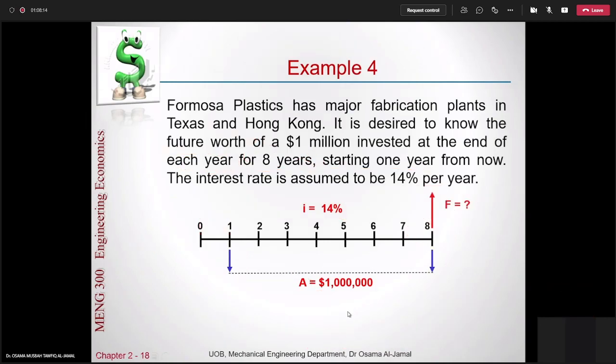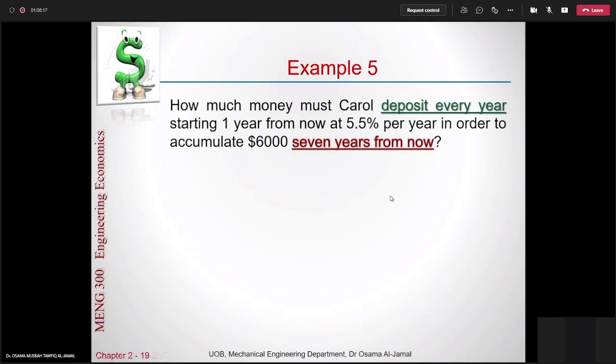See the other example. Again, start with a cash flow diagram to solve this problem. How much money must Carol deposit every year, starting 1 year from now?